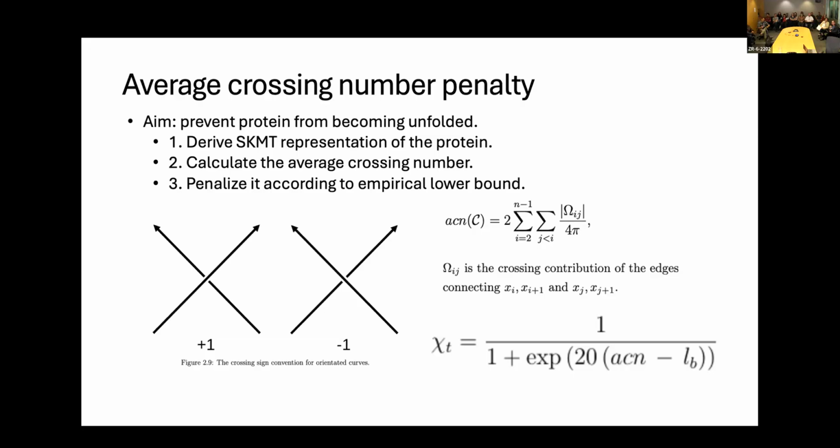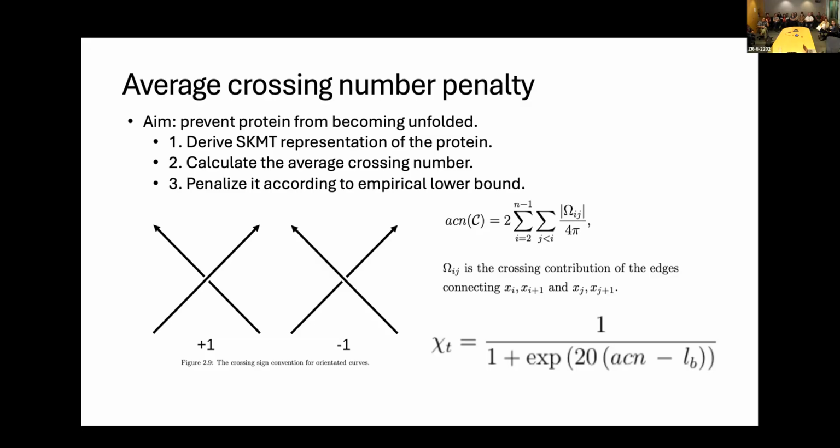So the number of edges crossing over another edge depends on how you look at it. But we sum over all of the orientations. And then we just penalize that crossing number based on the lower bound, which I'll show on the next slide. Right.